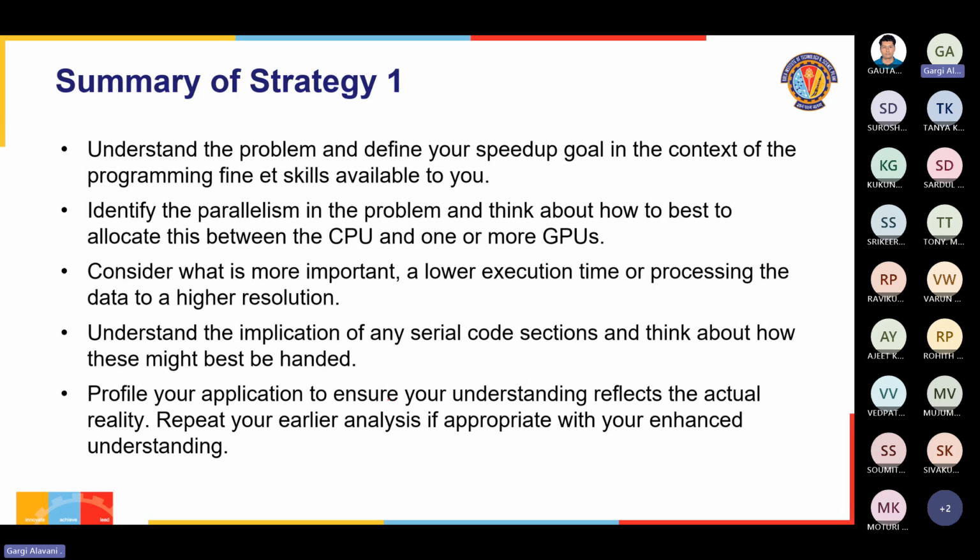Then identify the parallelism in the problem and think about how best to allocate it between a CPU and one or more GPUs. Think about what is more important: lower execution time or processing the data at a higher resolution. Understand the implications of any serial code section that you have, and think about how these might best be handled and how these bottlenecks can be avoided.